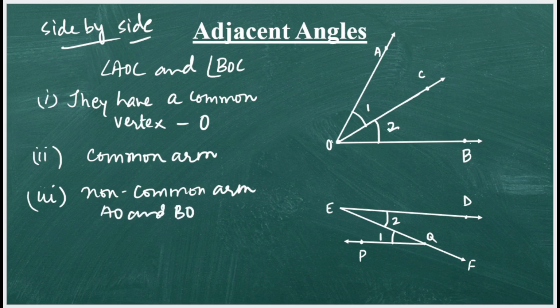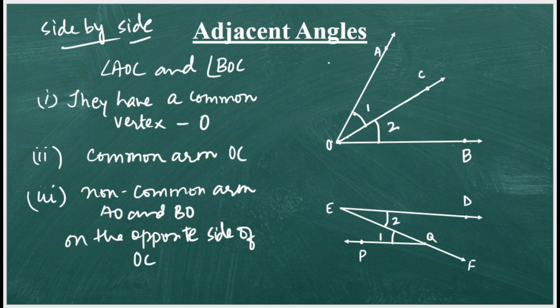Non-common arms AO and BO should be on the opposite side of the common arm. Okay, that means they should be on either side of the common arm, and in this case the common arm is OC. So the non-common arms AO and BO are on the opposite side of OC, one on this side and one on this side. So such angles are called adjacent angles.